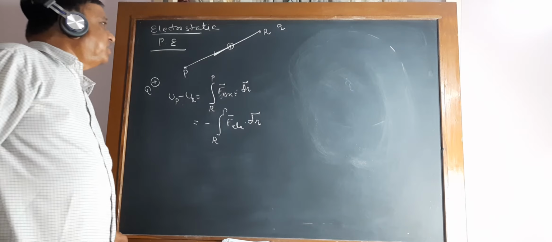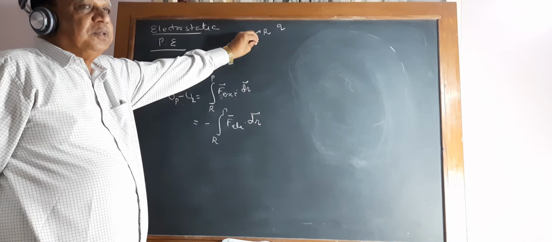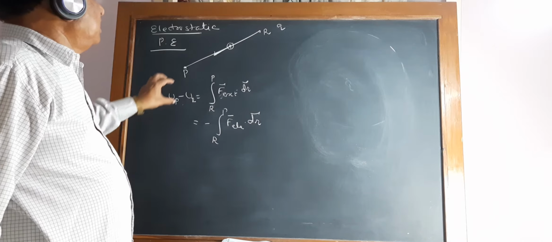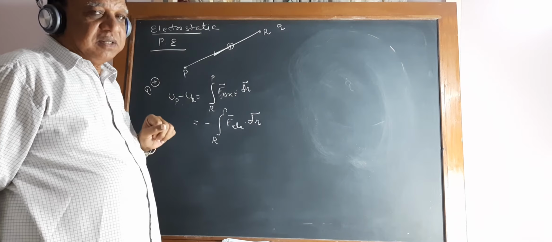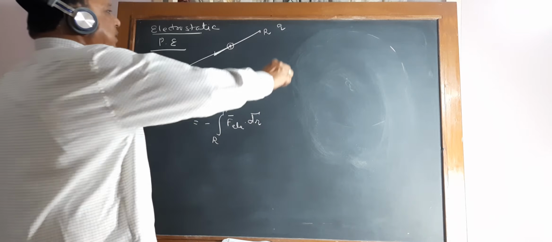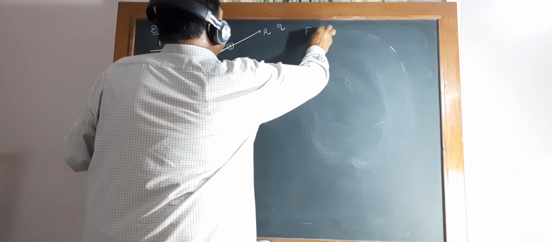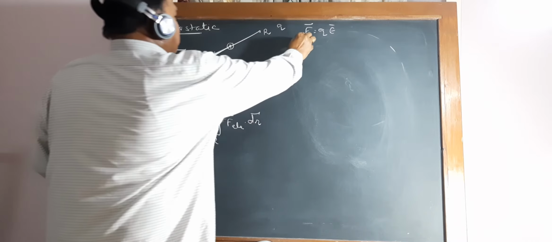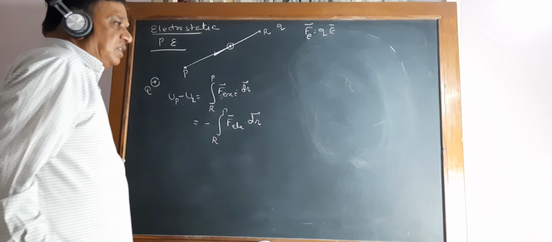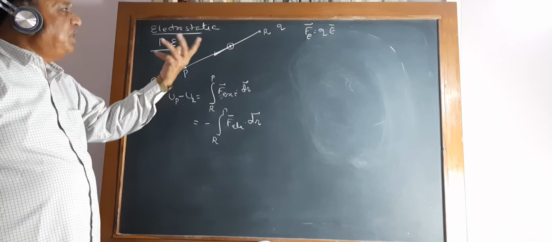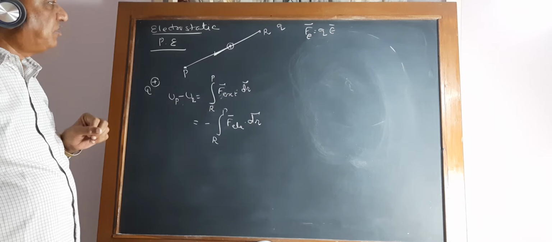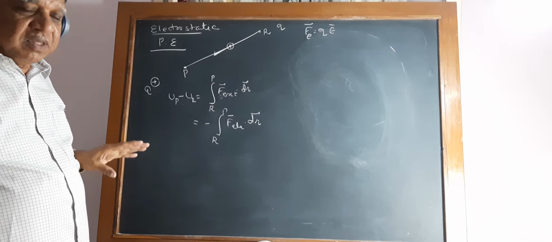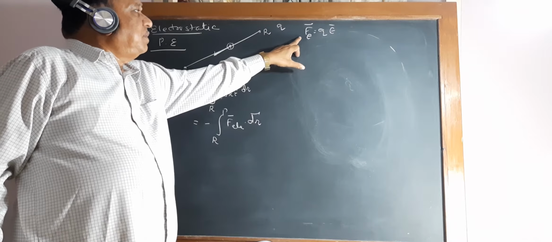But we have applied force on charge q which is equal to the electric force at that point. At any point, force will be F equal to qE. That is electric force. But we have applied external force opposite to the electric force, and we are bringing from R to P. But force is variable.